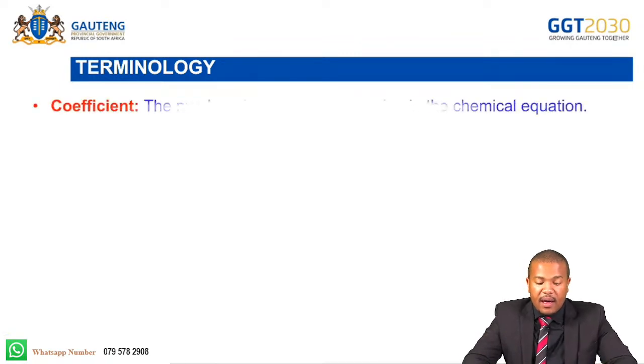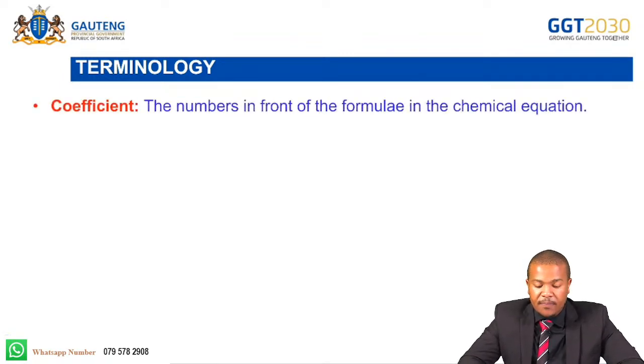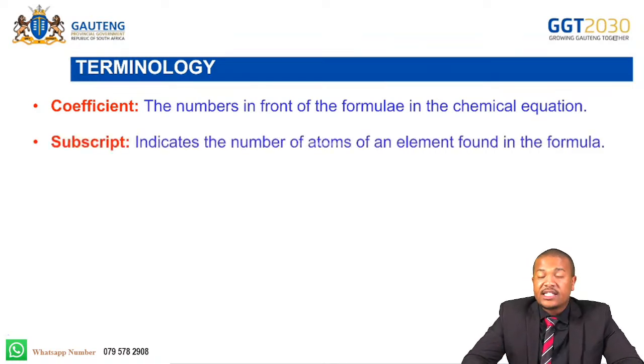Then we have coefficient. A coefficient is the number in front of the chemical formula in a chemical equation. Then subscript.